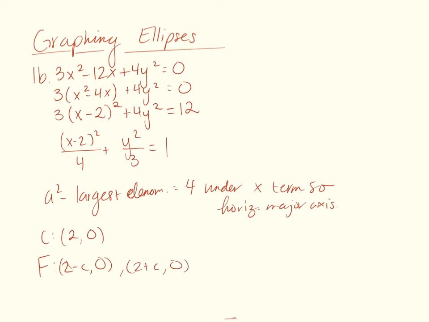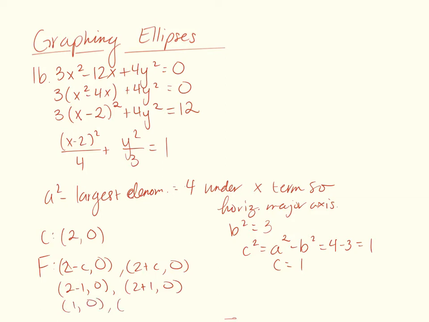So I need to figure out what c is. If a squared is 4 and b squared is 3, c squared is equal to a squared minus b squared, so 4 minus 3, which is 1. So c is 1, so I'm going to add 1 and subtract 1. So 2 minus 1, comma 0, 2 plus 1, comma 0. This is 1, 0, 3, 0.